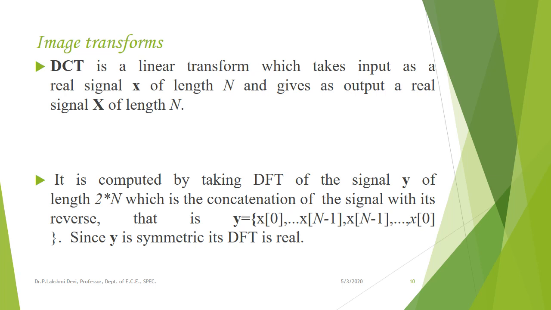Since y is symmetric, its DFT is real. In order to show the symmetry, we are representing this x of 0 to x of N minus 1 and x of N minus 1 to x of 0.